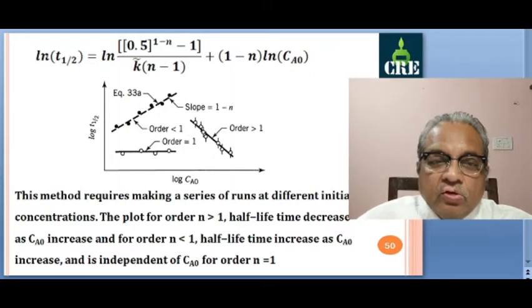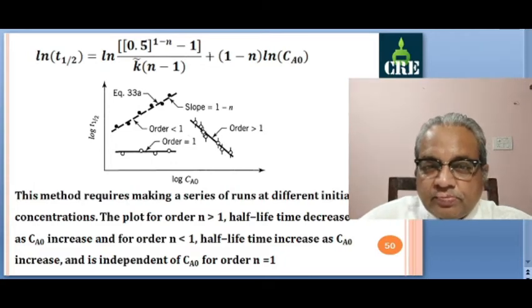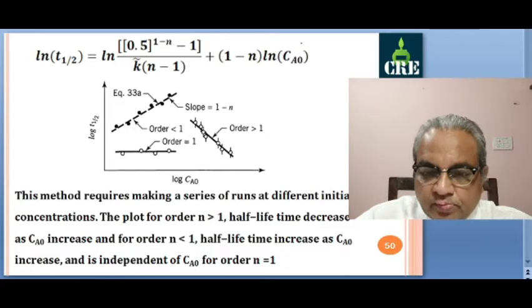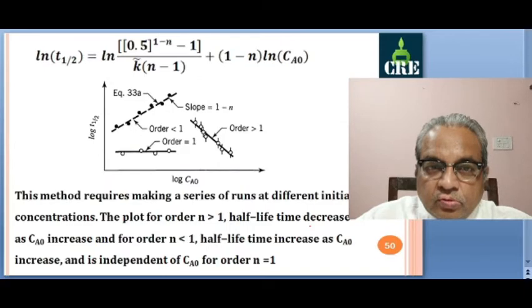So ln of t half is equal to ln of this constant plus 1 minus n into ln of Ca0.